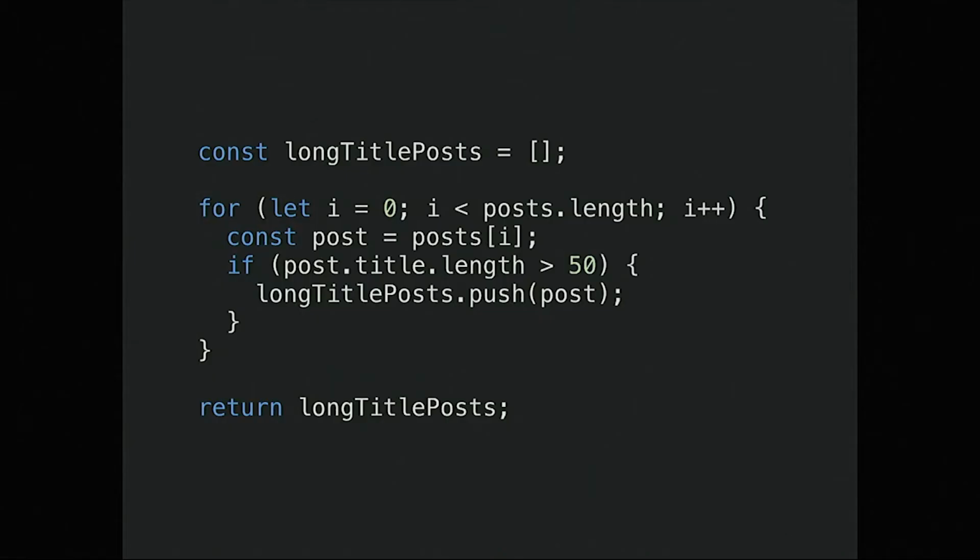And this code is okay, but I don't really like it. I think there are a couple of wrong things with this code. First of all, it's quite verbose. It has a few lines. We just want to do a simple thing. We just want to have posts with long titles, right?